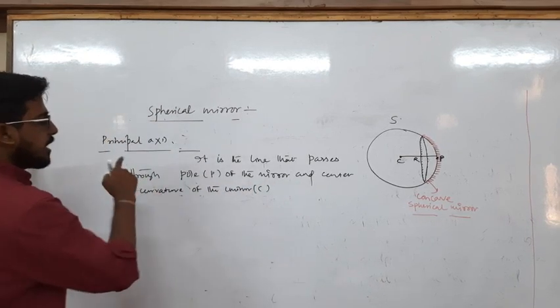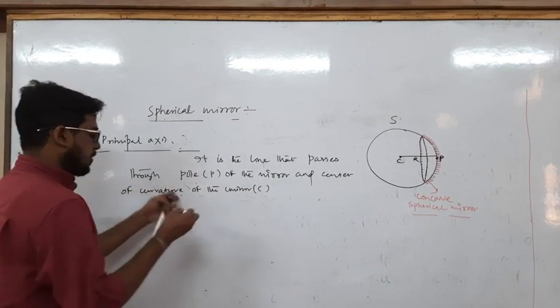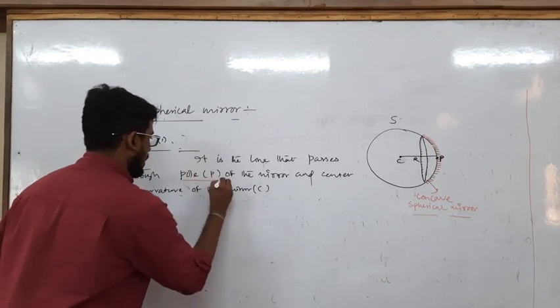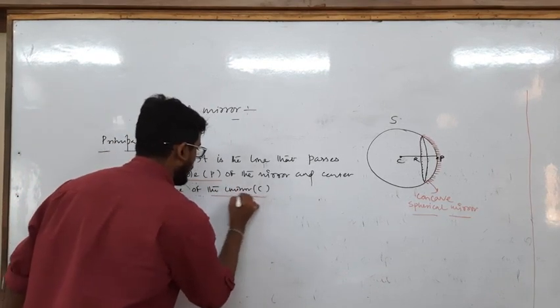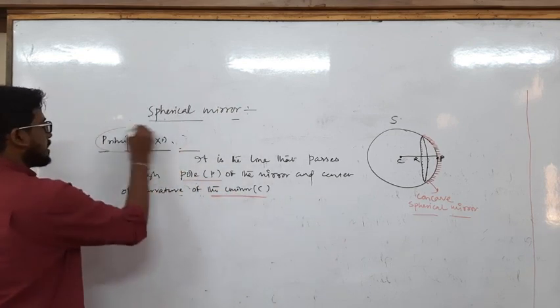Okay, so the line that passes through the pole of the mirror and center of curvature of the mirror is known as principal axis.